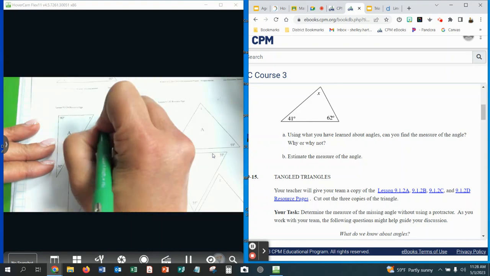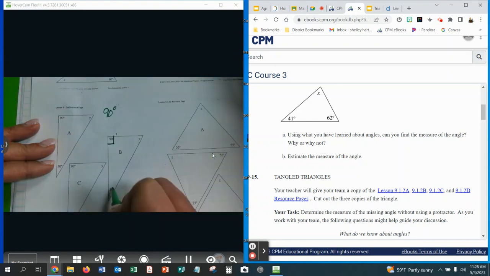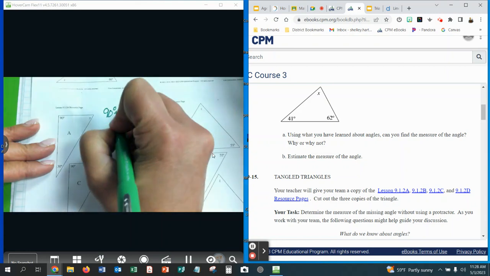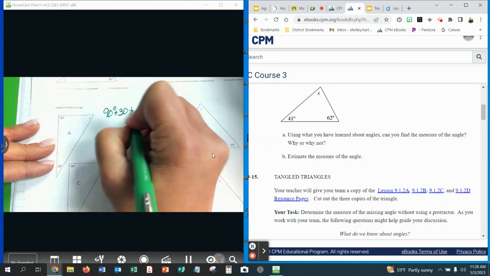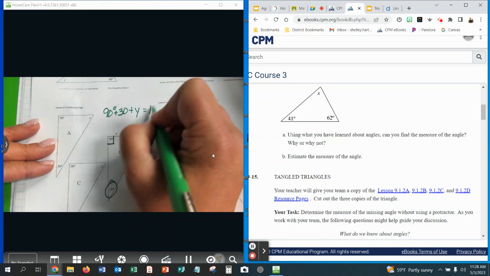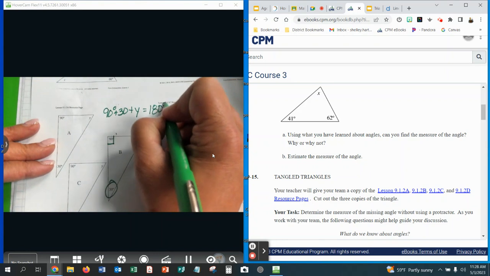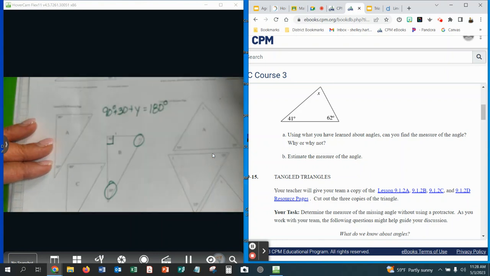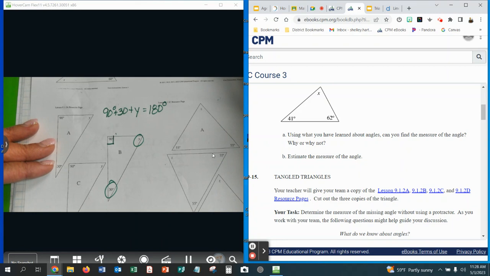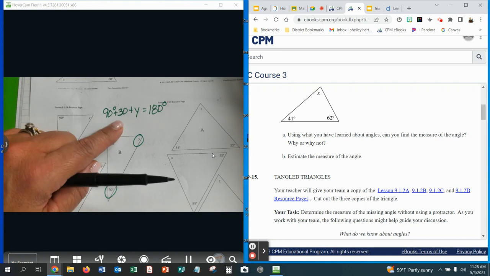So you got 90 degrees plus 30 plus y equals 180. What am I going to do? Lucas: Subtract 120 from 180. First, we're going to add 90 and 30, right?